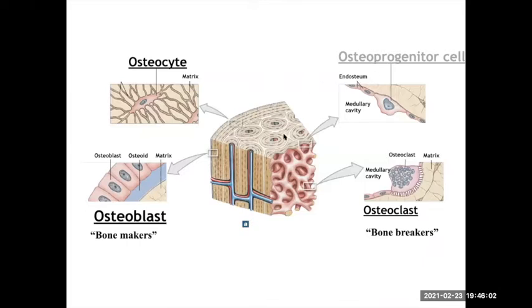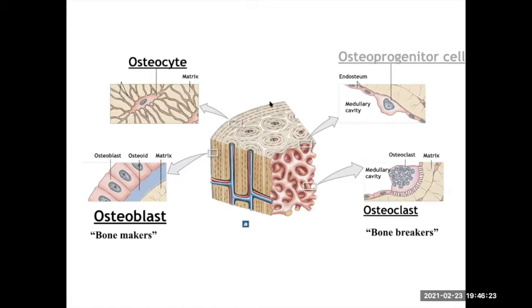All right, so the next part is the cell types of it. And I'm talking about these 3 cell types. Your mature bone cells that we'll see all around over here, for the most part, are these osteocytes, right?